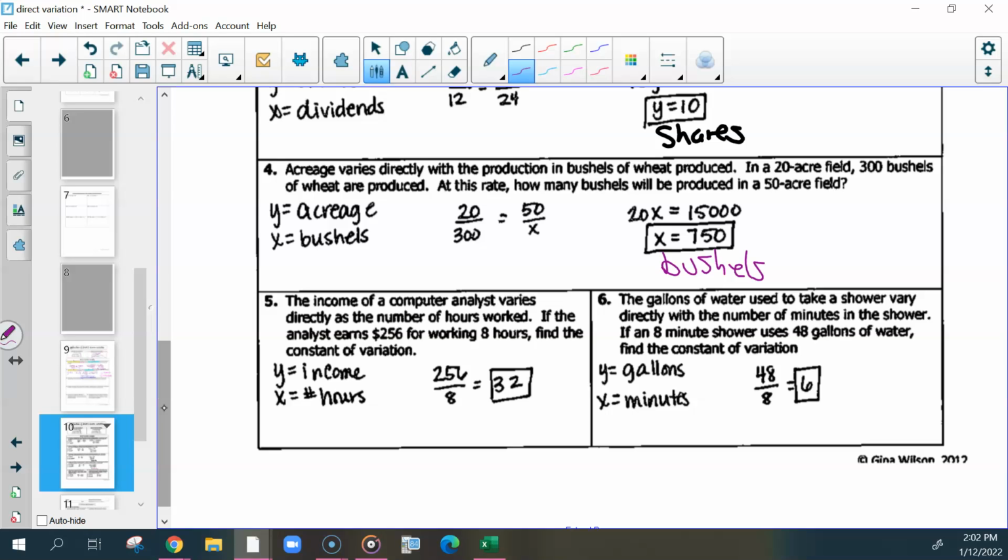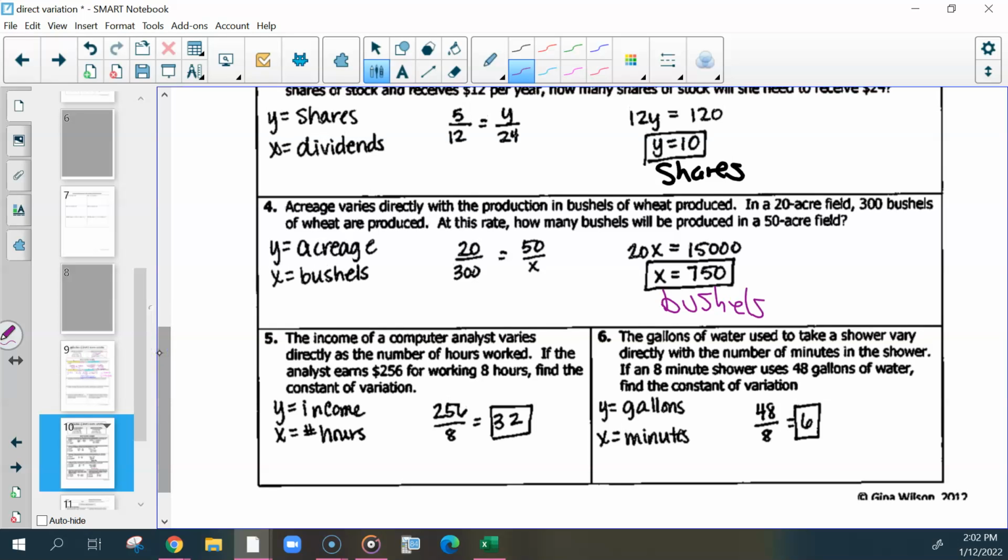I think same thing for 6. So 10, 750, 32, and 6 were the answers for those. Don't know which one you chose, but for the one you did, does anyone have questions on that one? Again, I didn't do these, and the message here is using proportion, so if you need to see the other one, let me know.